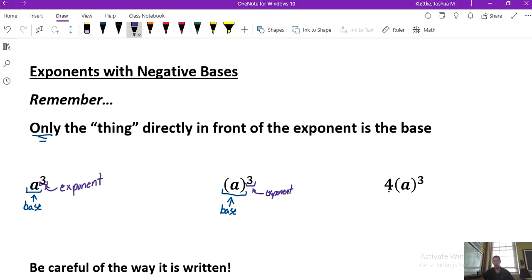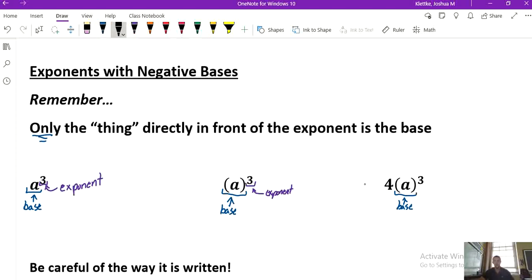And our last part here, here's where it gets a little confusing. We have 4 times (a) to the third power. The confusing part here is that only the parentheses (a) is the base. The base is just what's in parentheses because the 3 is attached only to the thing directly in front of the exponent. So 3 is attached to this set of parentheses, which is the base.